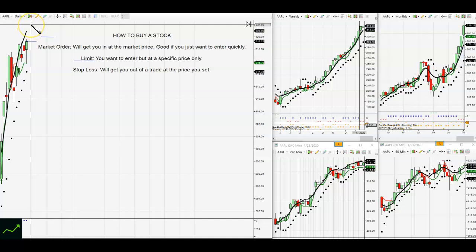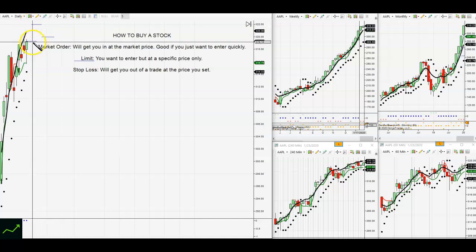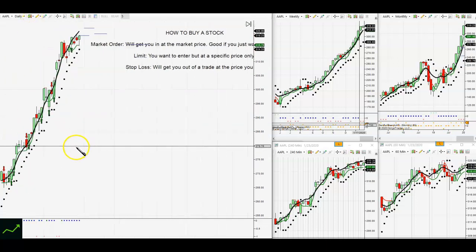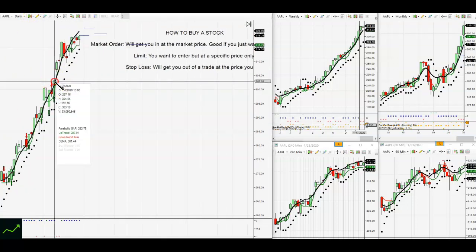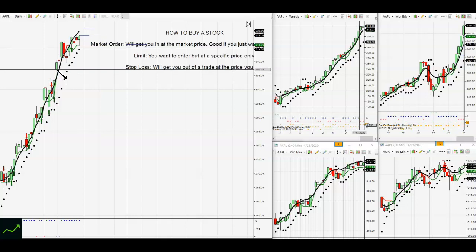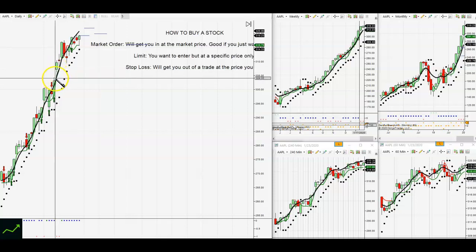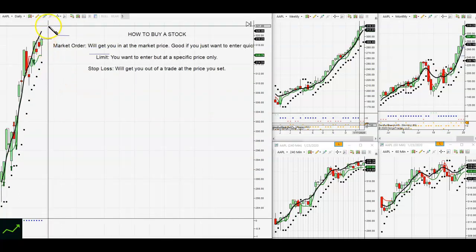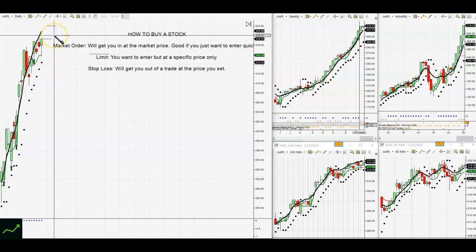So let's say Apple opens at $322 tomorrow. It's very common. If we look just recently, on January 8th, price closed at 303.19. The next day it opened up. This is called a gap. It gapped up. So in that situation, your 320 limit order would not be filled.